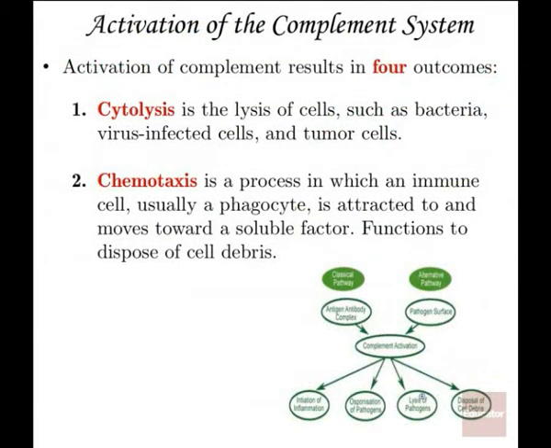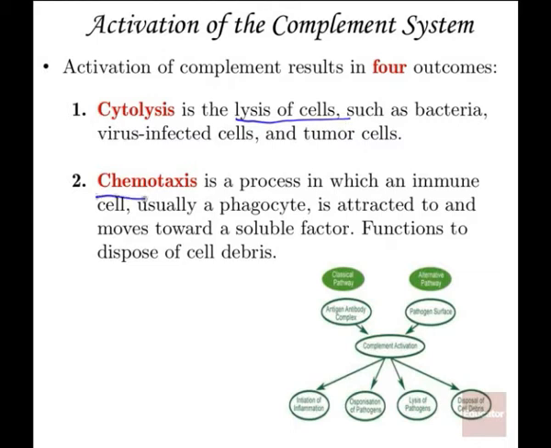So here we have 4 different outcomes of complement activation. The first outcome is lysis of the cells, which is direct destruction of cells such as bacteria, virus-infected cells, and tumor cells.